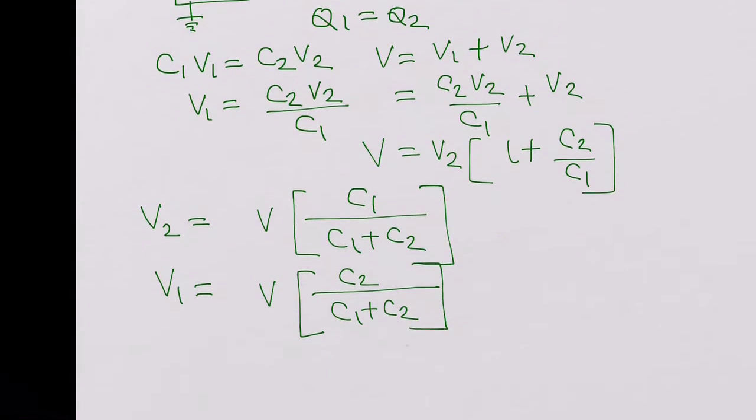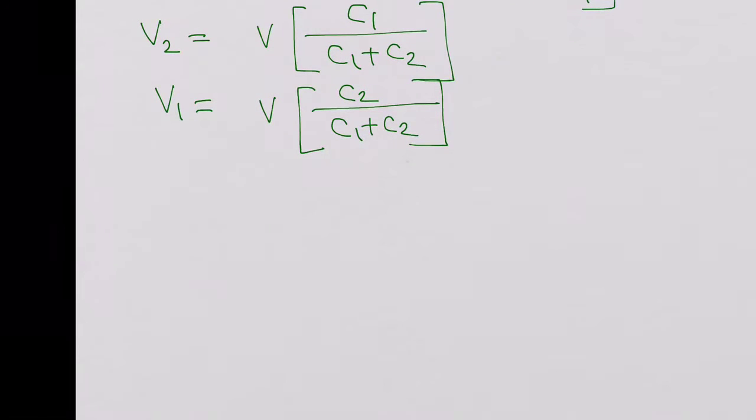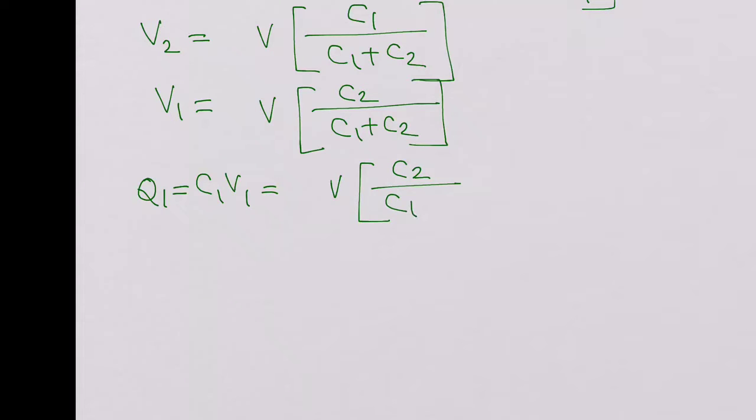Now, if we look at the charge across the capacitor C1, Q1 is C1 V1, which is nothing but V times C2 over C1 plus C2 multiplied by C1.